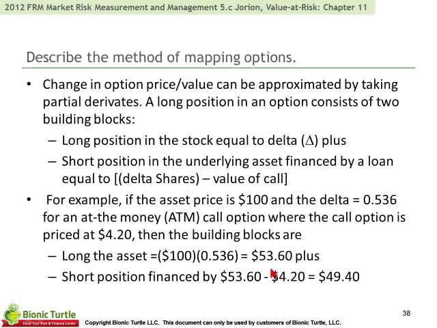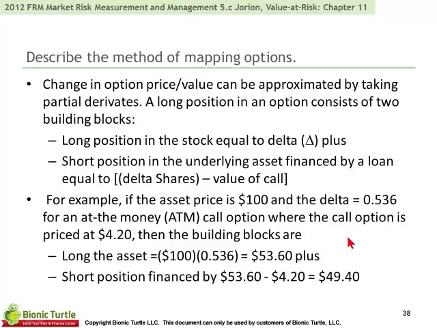And then mapping options similarly can use the Black-Scholes pricing methodology, where we could have potentially up to the 5 primitive risk factors, although we might not use all 5 of those because some of them are less sensitive. So Jorion says a long position in an option consists of 2 building blocks: a long position in the stock equal to delta, plus a short position in the underlying asset financed by a loan.